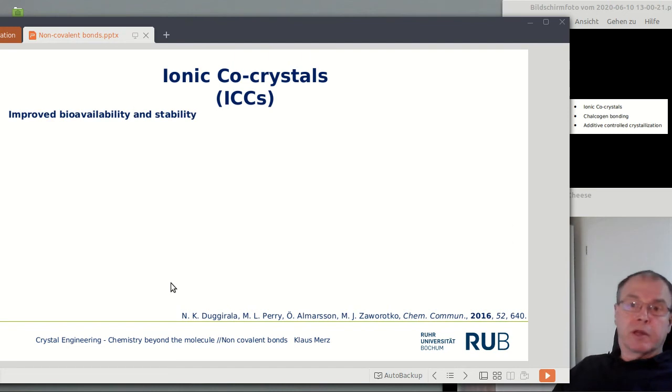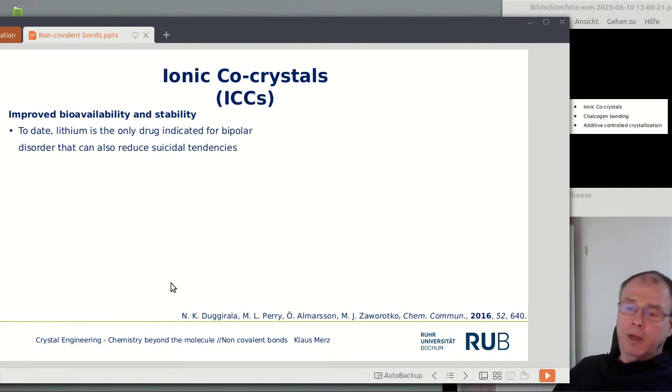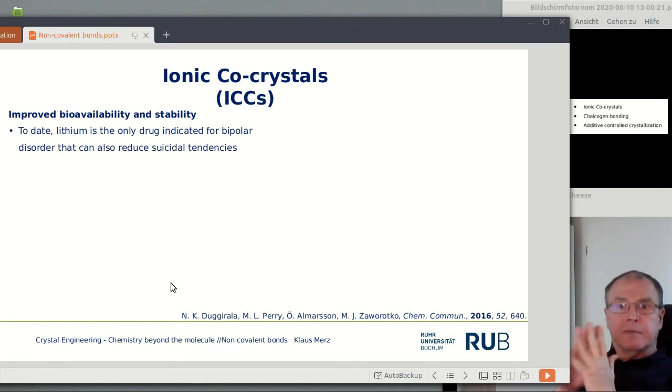Or looking at bioavailability and stability, in this case we are talking about lithium salts. Lithium by itself is a very useful drug for bipolar disorder, and this is really limited to lithium salts.